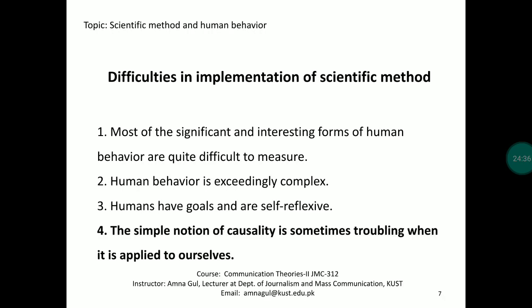Last but not the least, the simple notion of causality is sometimes troubling when it is applied to ourselves. See, we have no trouble accepting that heat causes water to boil at 100 degrees centigrade at sea level. We do not have any trouble. We relish such causal statements in the physical world.